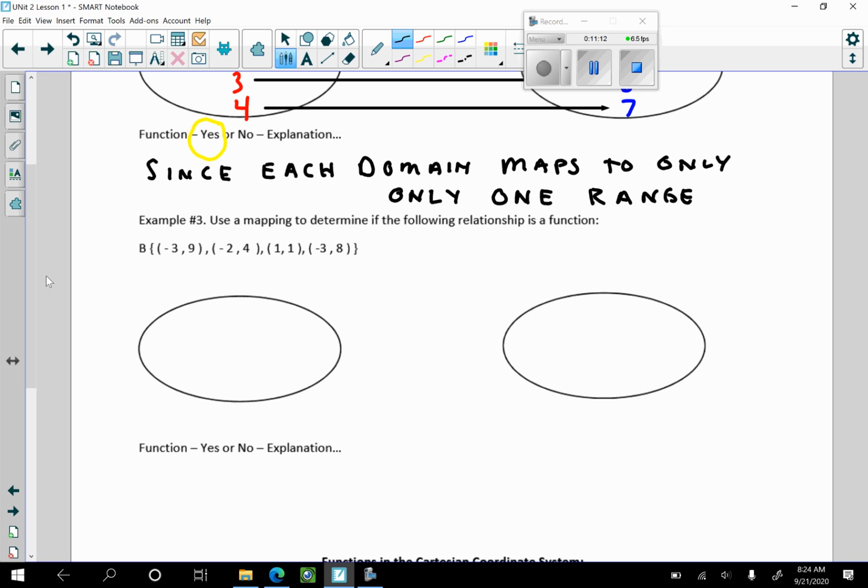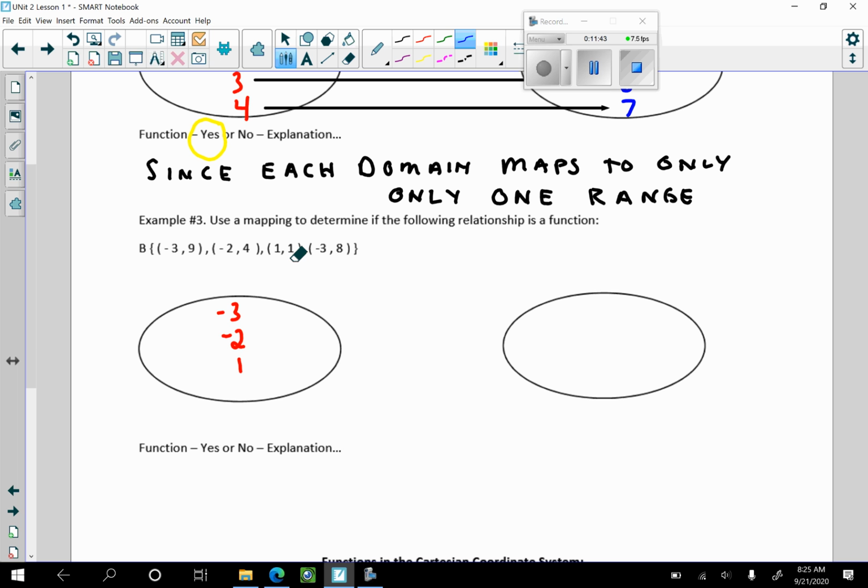Example number 3, let's use a mapping to determine if the following relationship is a function. So let's list the domain values: -3, -2, 1. And I don't want to repeat the -3, because I'm only going to list it one time here.